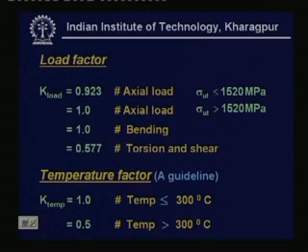K load is 1 for bending load, which means there is no change of endurance limit when a bending load is taken into account, and it becomes 0.577 when you are having torsion and shear load.